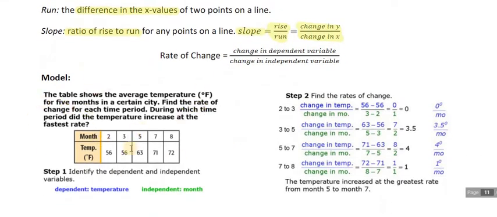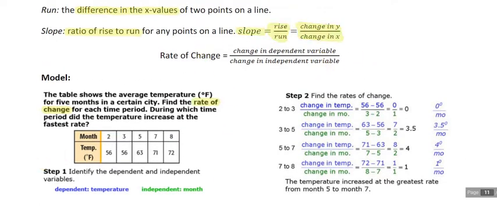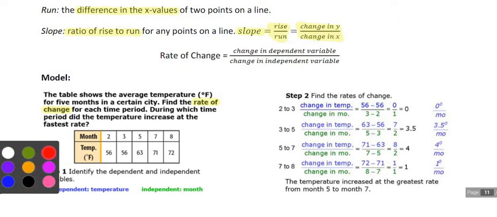So in this model, it's asking about finding the rate of change over each time period. So from month 2 to 3, from 3 to 5, 5 to 7, and 7 to 8. So because we're finding rate of change, we need to find change in y over change in x. Okay, so let me kind of write that down here.